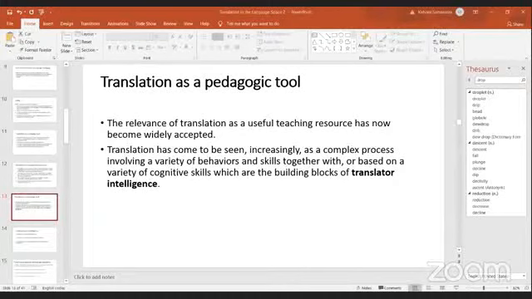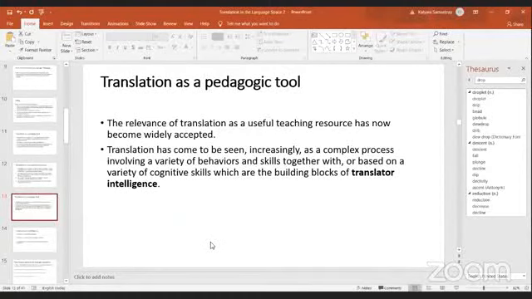Now translation is defined as a text-induced production activity, and its relevance as a pedagogic tool has become quite widely accepted. Translation has come to be seen increasingly as a complex process. It's not a simple word-to-word transfer or expression-to-expression transfer.